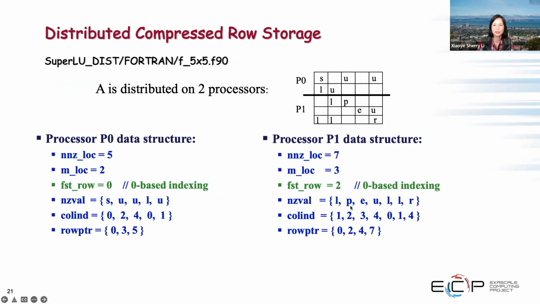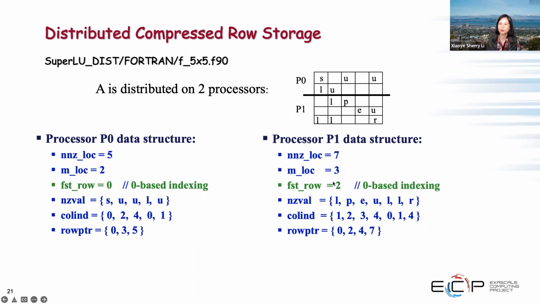A small example of this, in the SuperLU distribution, the Fortran example: you can see a 5 by 5 matrix. I divided it into P0 and P1. So A is distributed on 2 processes. From process 1's point of view, the number of local non-zeros is 7. I have 7 non-zeros. And m_local, the number of rows of the equations I have locally, is 3 in this case, and the first row I start from is 2.